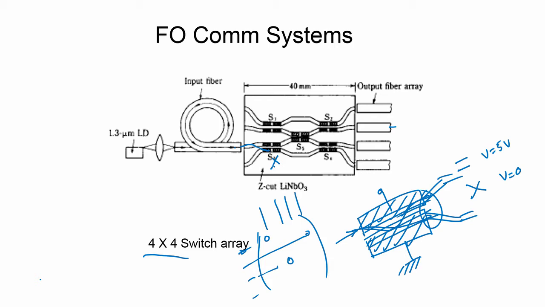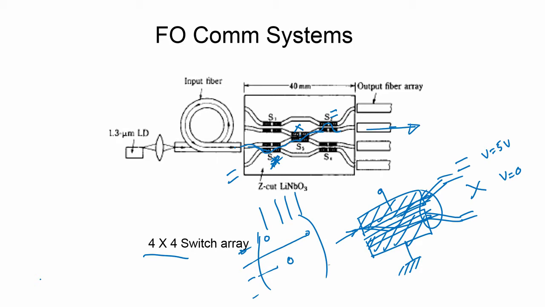Or, for the time being, let me say the third one is in the bar state, the light goes back, and here also I would switch to the crossover state, light goes into this, and I will retain this once again in the bar state. So, bar state for this, crossover state for this, and bar state for this will send the signal into this port.